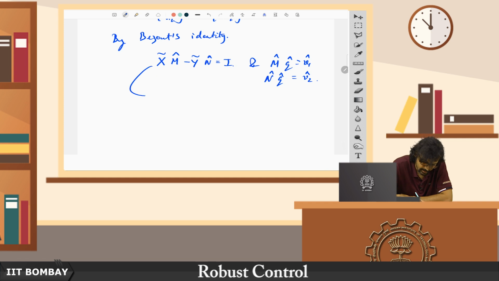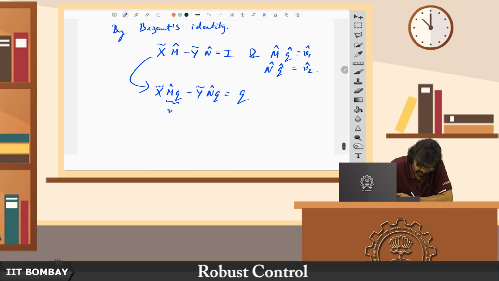So, suppose we multiply on the right by q hat. Then this leads us to x tilde m hat q hat minus y tilde n hat q hat is equal to q hat itself. But now this can be replaced by v1 hat, this can be replaced by v2 hat, so that we have x tilde v1 hat minus y tilde v2 hat is equal to q hat.